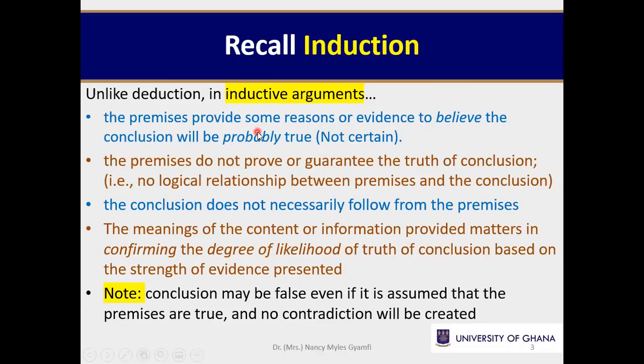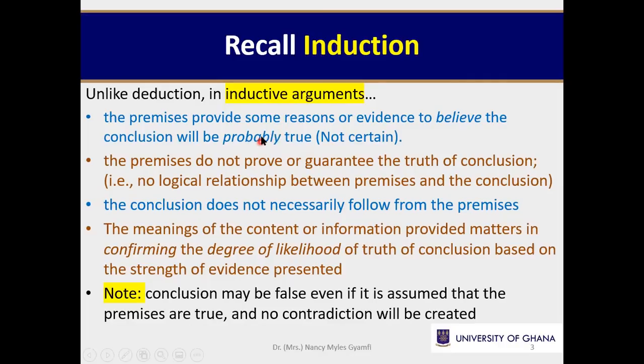So we give several instances. 80% of market women like money. Dr. Miles is a market woman, so she likely will like money. That is a good inductive argument. Why good? Because with 80%, the probability is high.